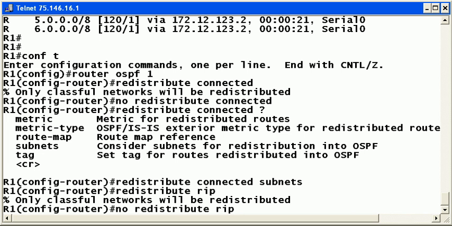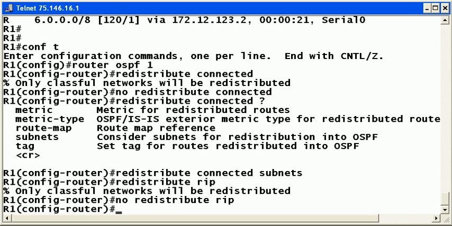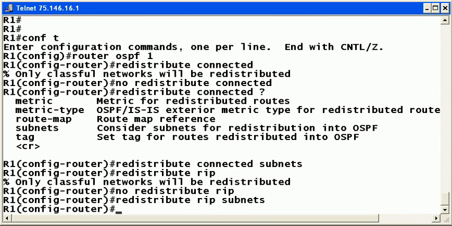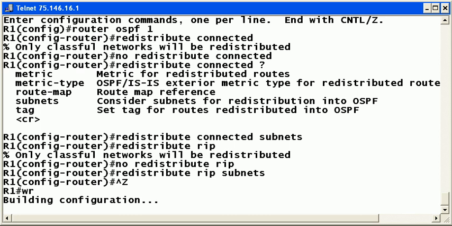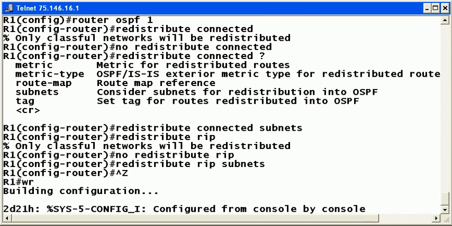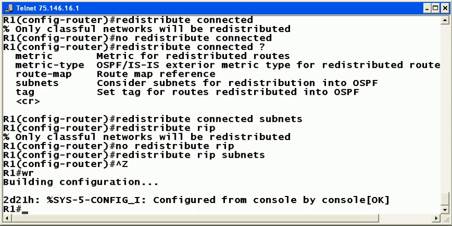So I'll use Control-A to move to the front of that line, take that command off, and then put in redistribute rip subnets. Now notice that I put no default metric or anything like that here when I put the RIP routes into OSPF. So we're going to go down to router 3 now and see if the redistribution is successful.